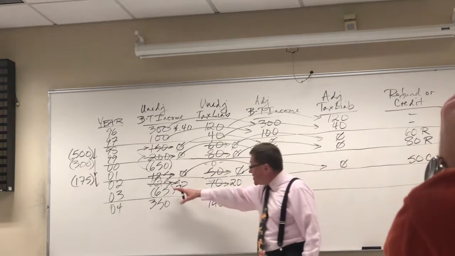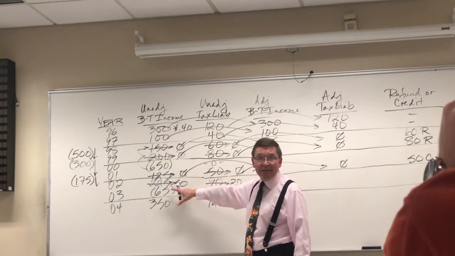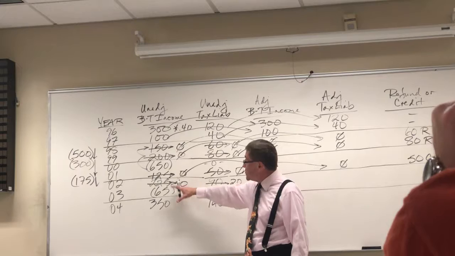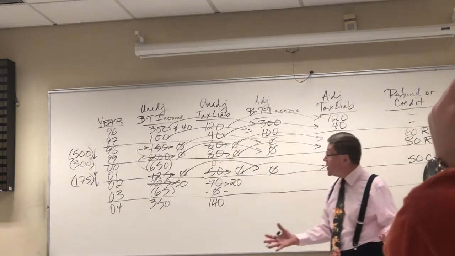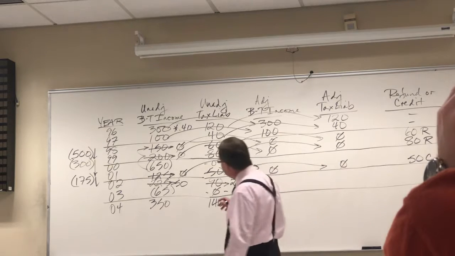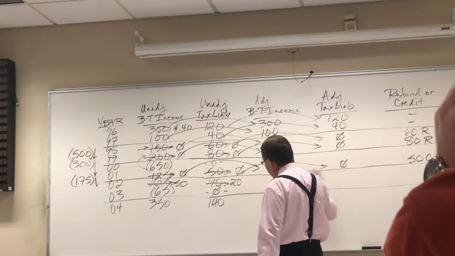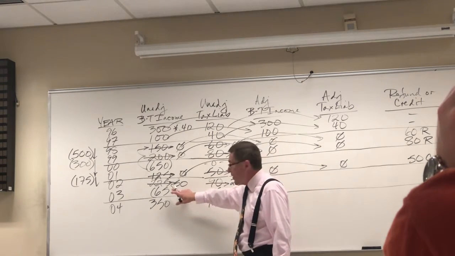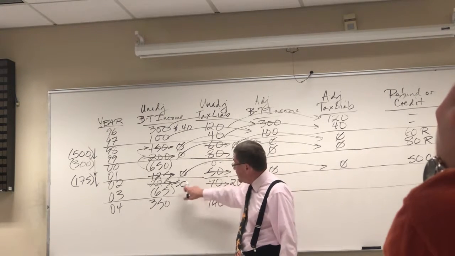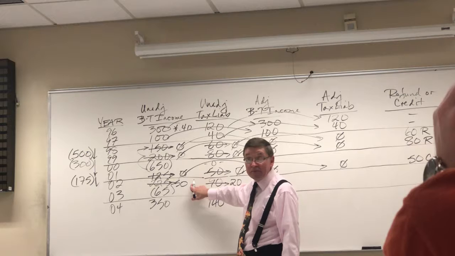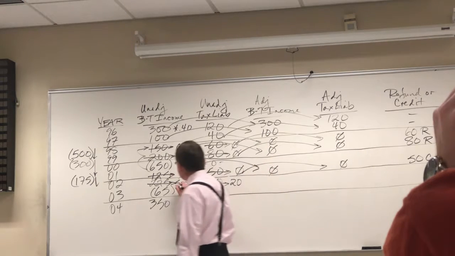But something bad happened again in 2003, not as bad as what happened in 2000, but we had a loss. So, and this is why I'm not writing all this in, because I see what's happening here. I've got 65 to offset. This can go to 0.